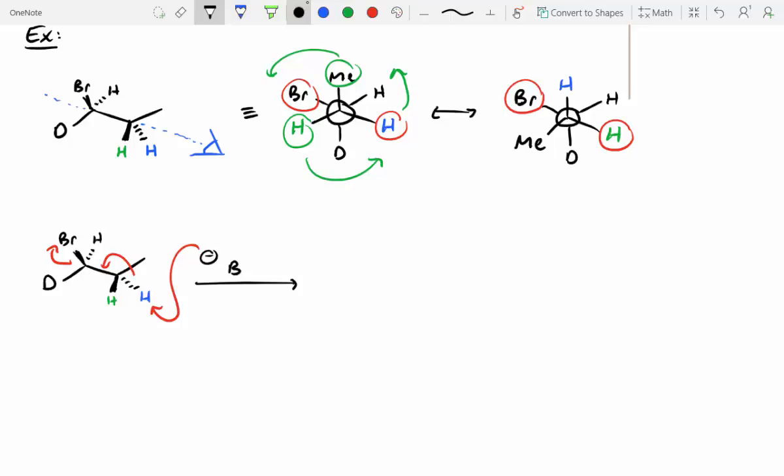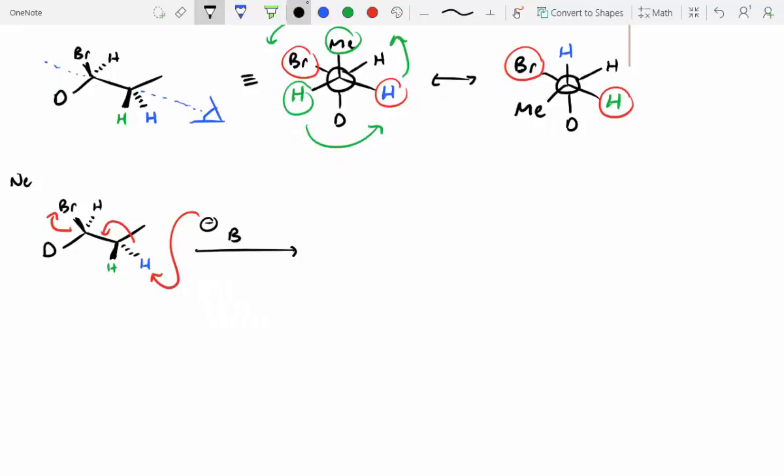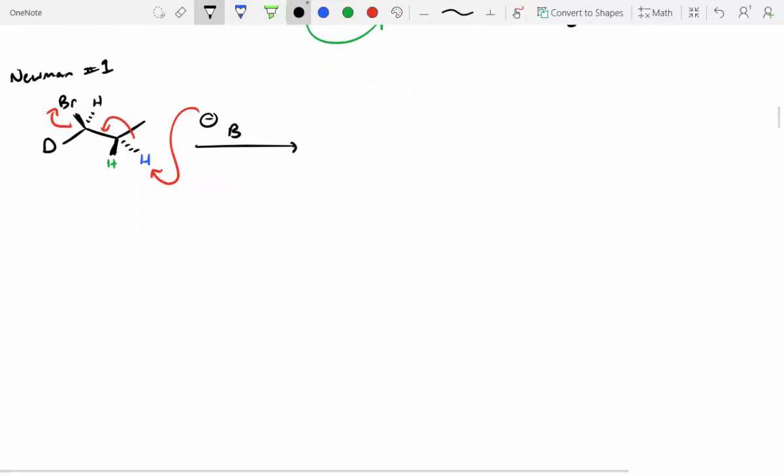So what would our product look like after this? And then what I want to do is, this was our Newman projection number 1, so I'll write Newman number 1 above it. And then we want to do a second reaction for Newman number 2.